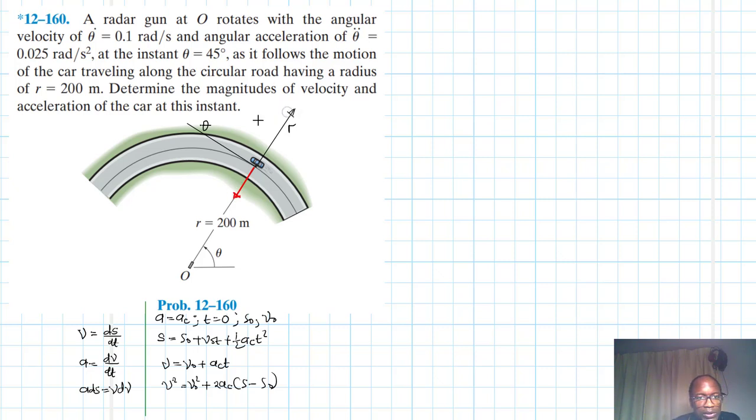This is our positive and this is our positive. We had something like this, and we called this our normal coordinate, and this one our tangential coordinate. I just want to include them there also.